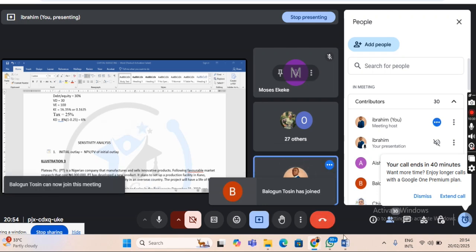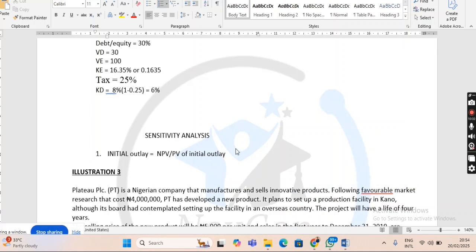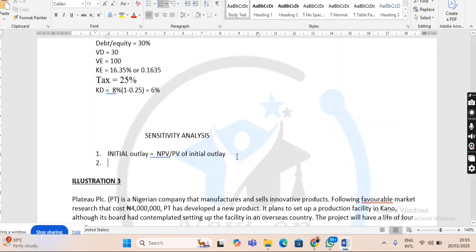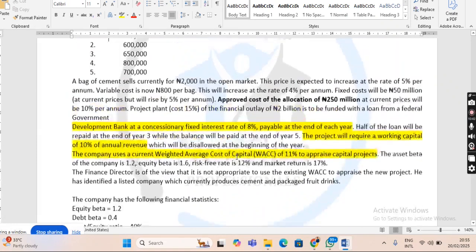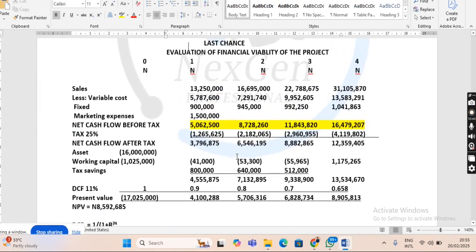Now, number two. So what is the present value? Let me show you the present value of initial outlay. We know that, but let me show you. Let's quickly go back to the first capital budget that we did. Where is it? Okay. Now, you can see this is our initial outlay, right? Which is the cost.